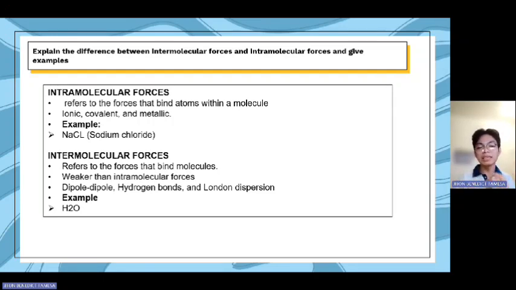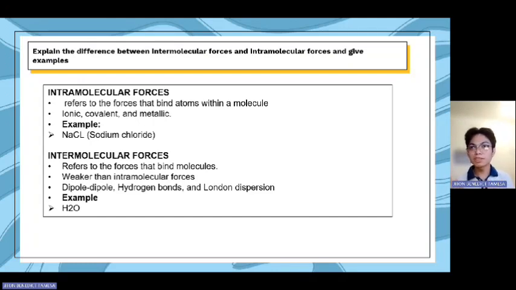So it only means that the binding forces or the forces that bind the molecules rather ay mas weaker na than intramolecular forces. And here are the examples or types of intermolecular forces. Next is the dipole-dipole, hydrogen bonds, and London dispersion. An example of intermolecular forces is H2O. Bakit po H2O?